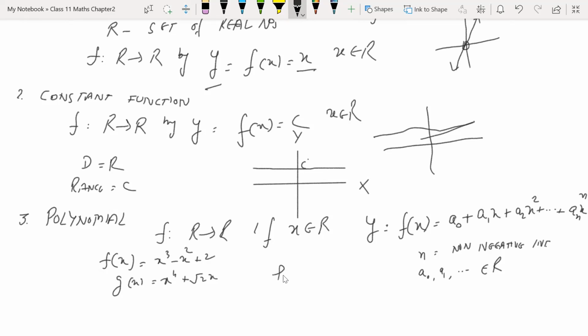But this can't be a polynomial. This is not a polynomial because its exponent is fractional, not an integer. It has no non-negative integer values.